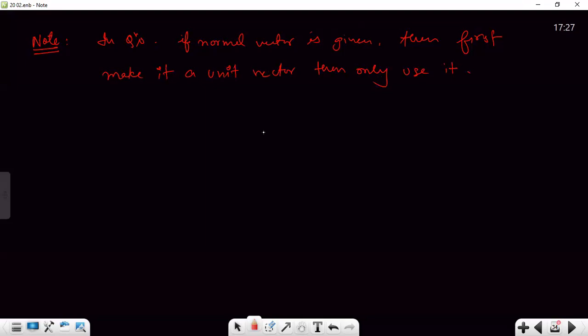Sometimes they will say that this vector is the normal vector to the plane, but you have to make sure that it is a unit vector, whose magnitude is 1. And we know how to find it: the vector divided by its magnitude.